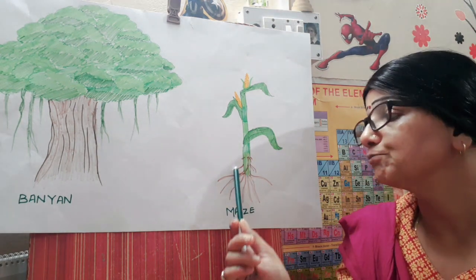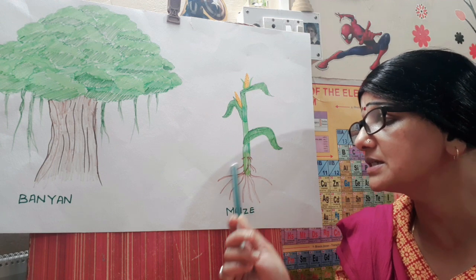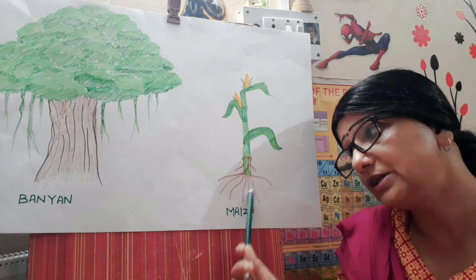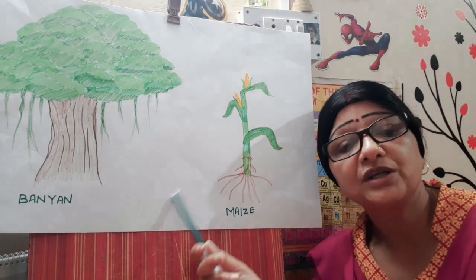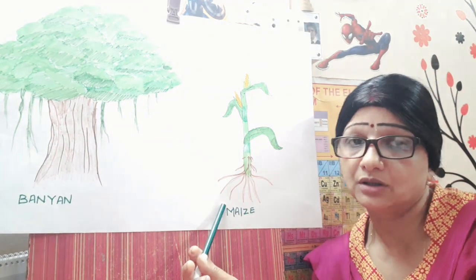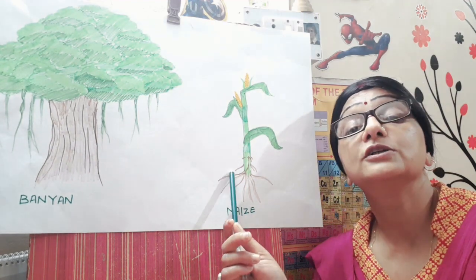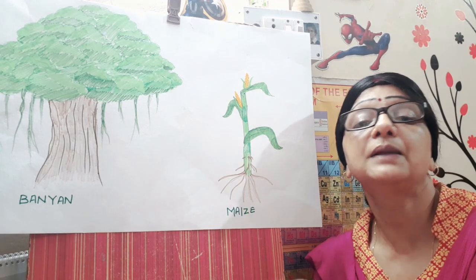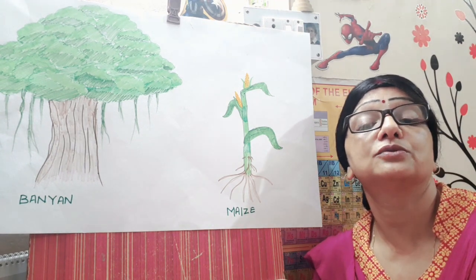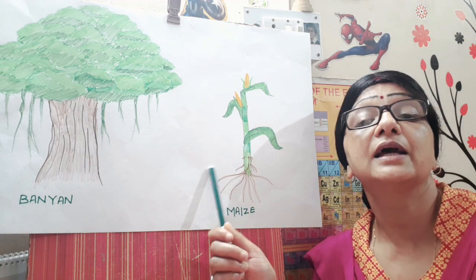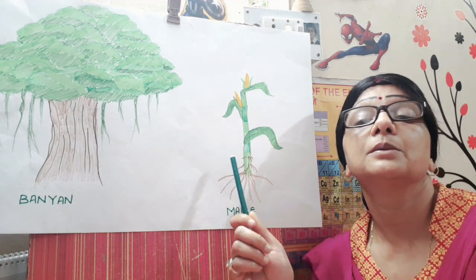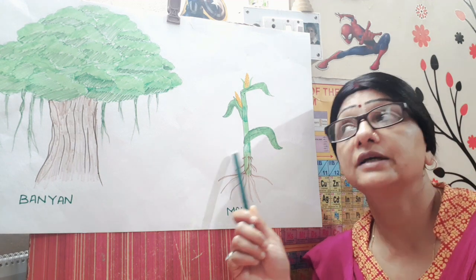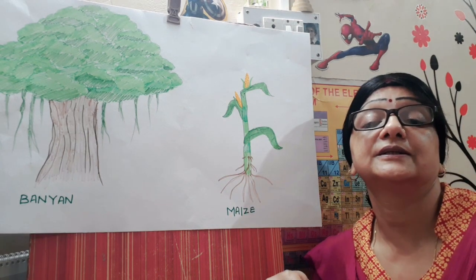So what happens, from the stems this type of roots come out, and these roots grow till the ground and fix themselves into the ground, and these roots also provide extra support to the plant. So in this plant also, roots are providing extra support, and in this case also roots are there for a special function, isn't it?